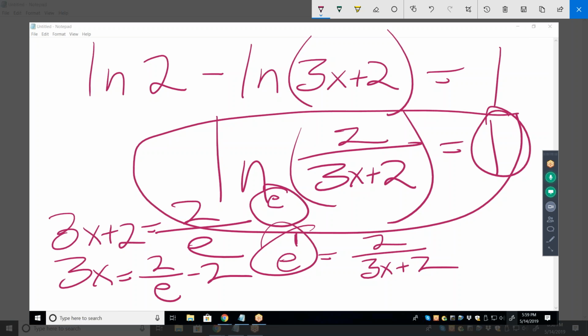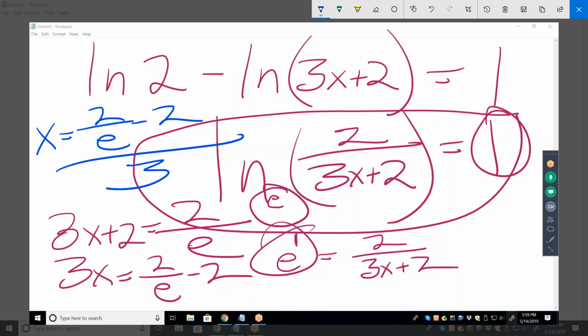X equals 2 over E minus 2, all divided by 3. And I could simplify that a little bit more if I wanted to. I don't know that you need to. That's a number. If he wants a decimal number, you can put that right into your calculator and do it. I could simplify it a little bit, but that's algebra. We don't need to do algebra here.